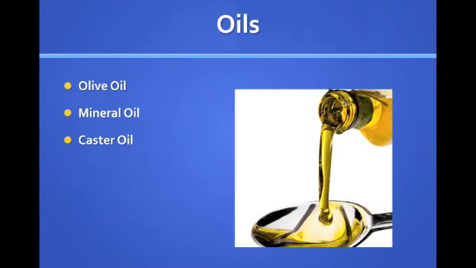So next there's the oils, and there's a variety of different oils that are used, but some of the main ones are olive, mineral, and castor oil. The purpose of the oil is it forms a tough, shiny film after it dries, like on your lip. And just a fun fact, castor oil is used in 50% of the lipstick manufactured in the United States, which I thought was interesting.